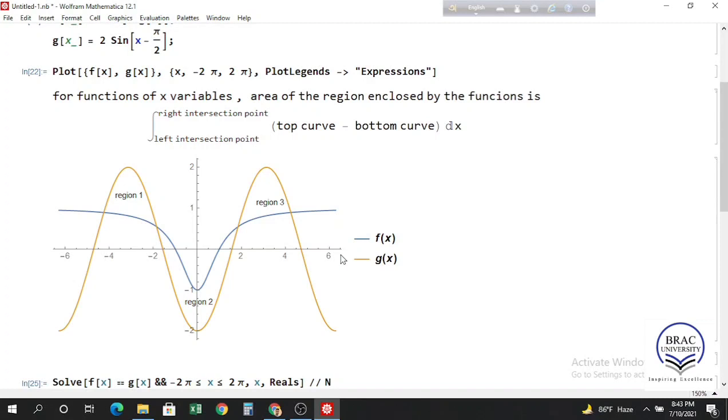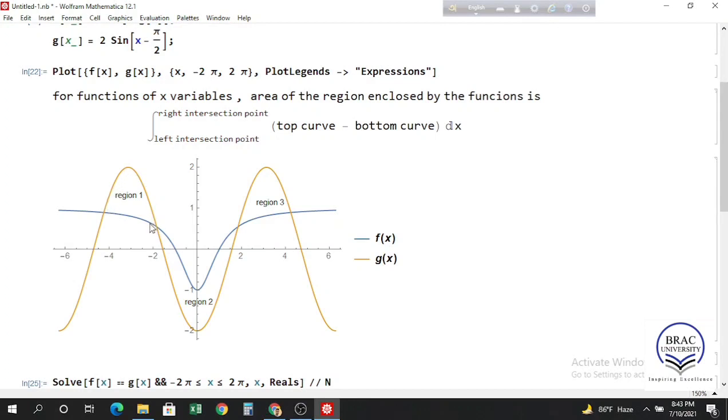We have these two functions of x from minus 2 pi to 2 pi, and there are three regions. To integrate, we have to integrate with respect to x, because these are functions of the x variable. The lower limit should be the left intersection point and the upper limit should be the right intersection point. Since we are integrating with respect to x, we only need the x value of the intersection point.